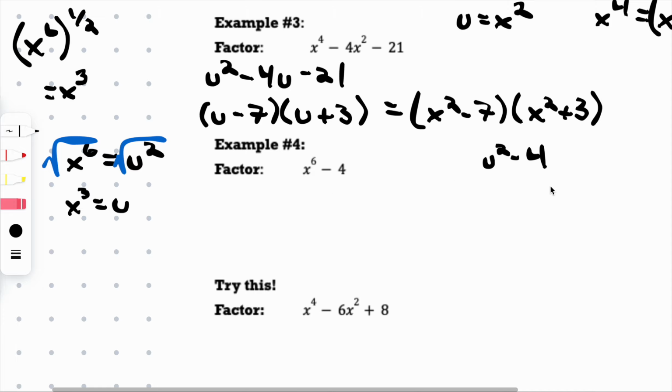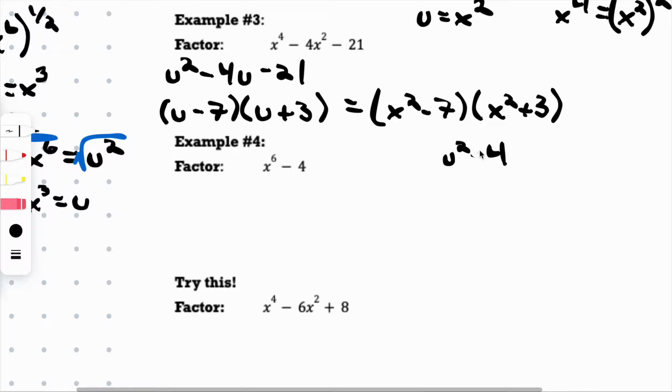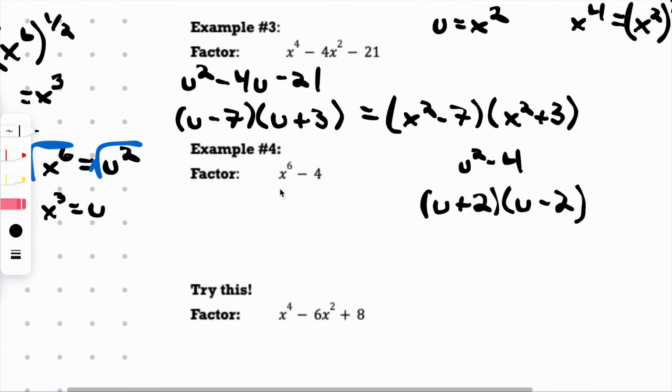And we have u squared minus 4. How do we factor that? It's a difference of squares. So we have conjugates. Sorry, not u plus 4. I'm tripping. The square root of u squared is u. The square root of 4 is 2. So u plus 2 and u minus 2. We just sub in x cubed for u.